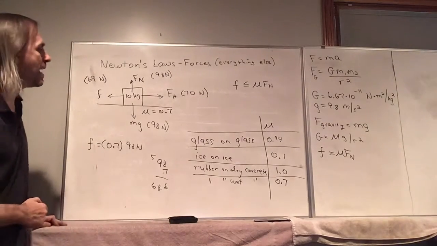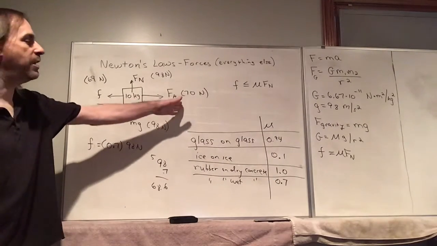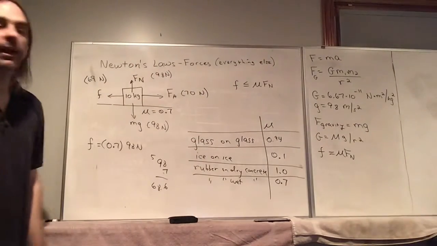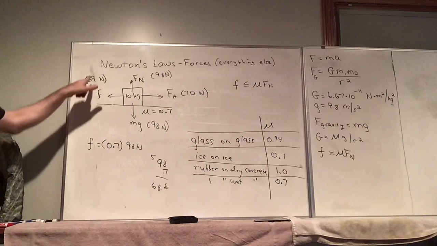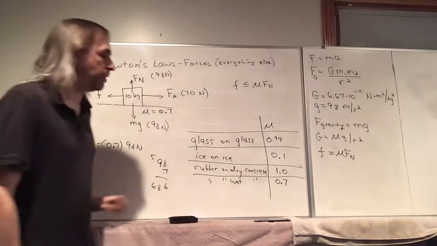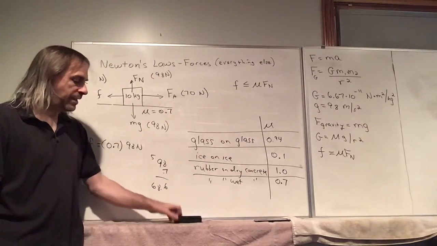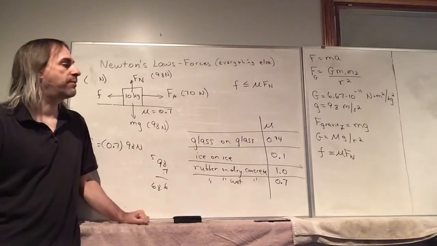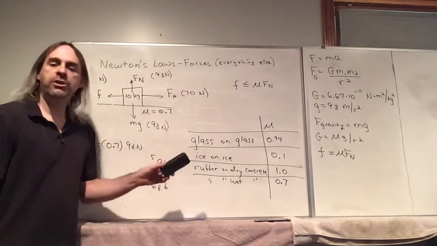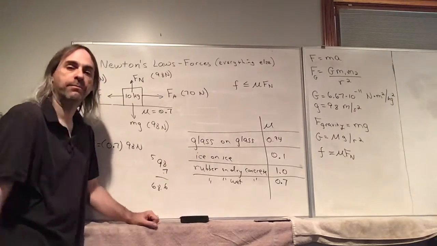But let's go back to this example. I kept increasing the force, and then I got to like 70 newtons. That was enough to overcome friction, and so this thing is going to start moving. And now what we're going to find, though, is the frictional force is now going to decrease. And the reason why is, initially, what is frictional force fundamentally? It's an interaction between the electrons in the objects and the two objects.